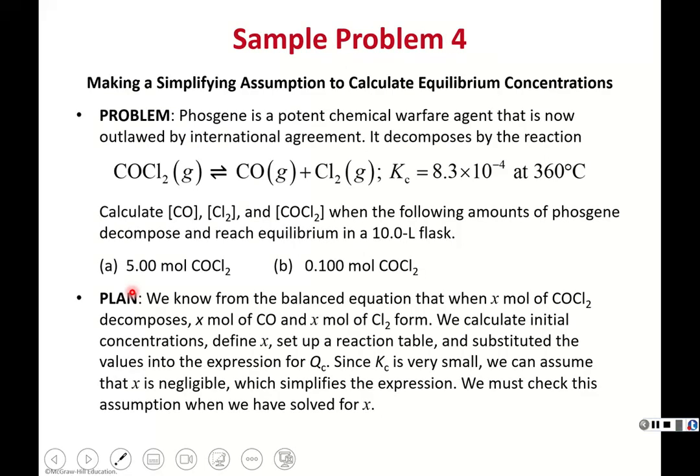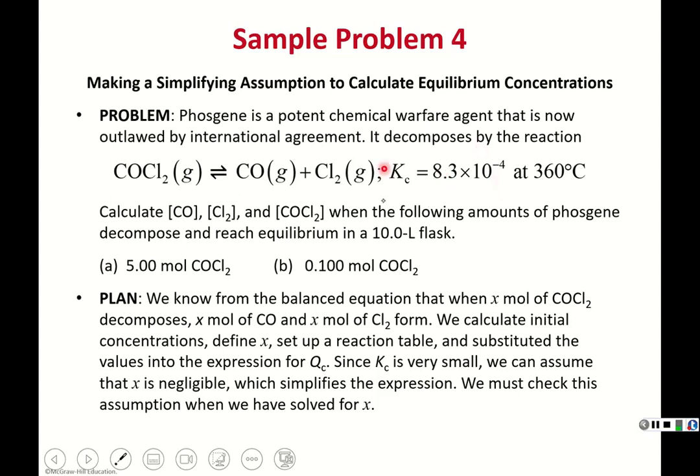Okay. All right. So we have phosgene shown here, a potent chemical warfare agent that's now outlawed. It decomposes by the following reaction: phosgene decomposes into carbon monoxide, which is poisonous, and chlorine gas, which is also poisonous. So it's a pretty awful gas.